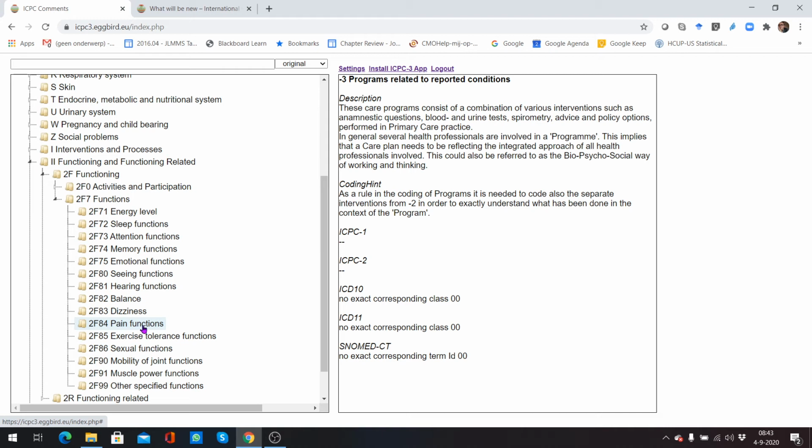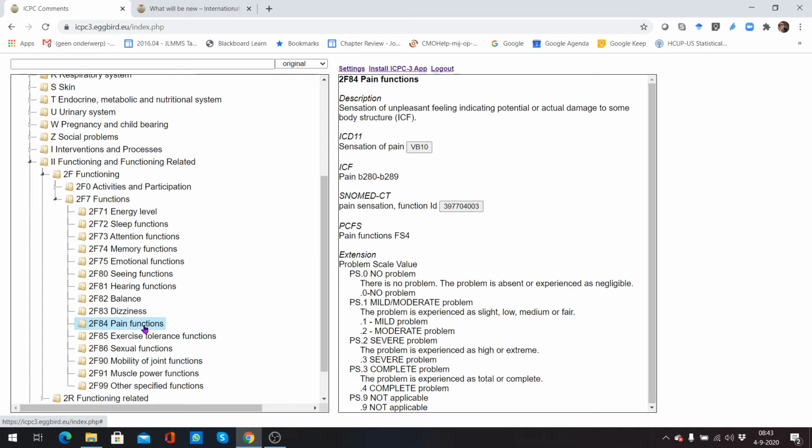In all these classes, it's possible to use the severity scale, see at your right hand. The scale from no problem to complete problem indicates the patient's opinion about the problem and not the opinion of the provider.